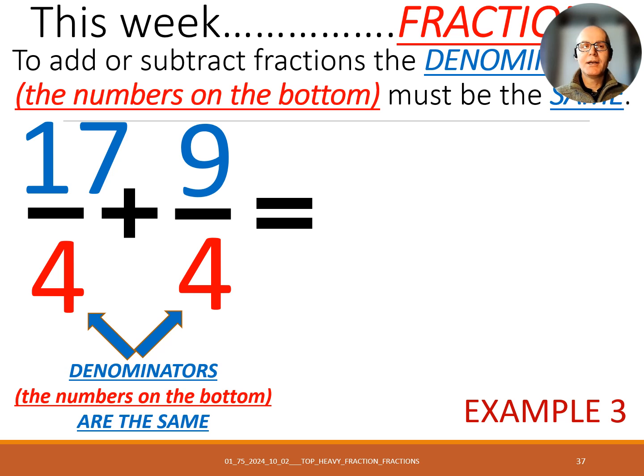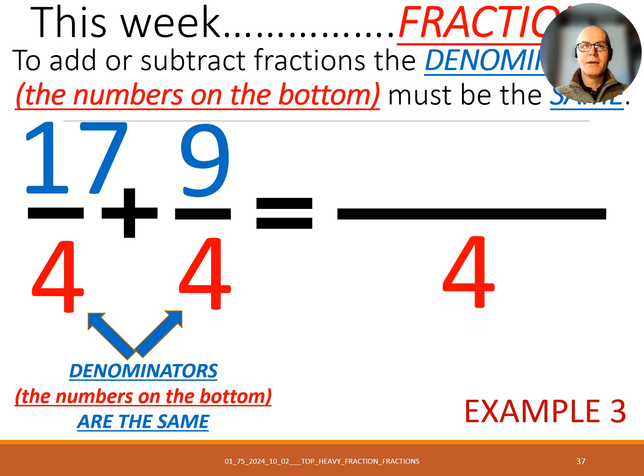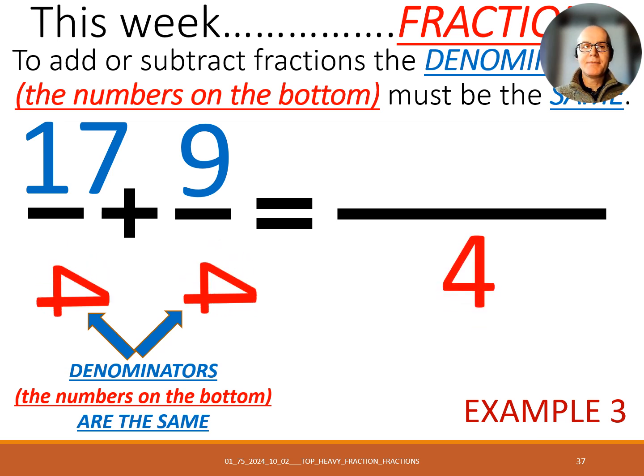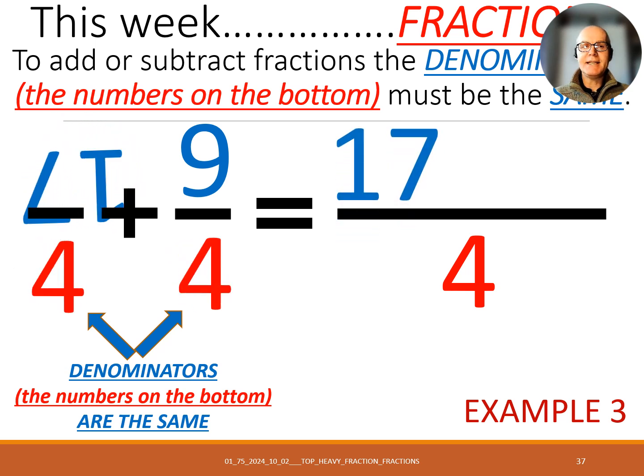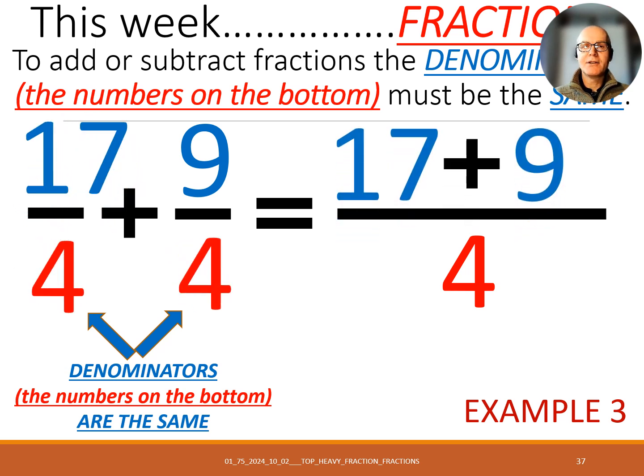Put the 4 on the bottom, that's the common denominator. And then on the top we have 17 plus 9. 17 fourths plus 9 fourths.